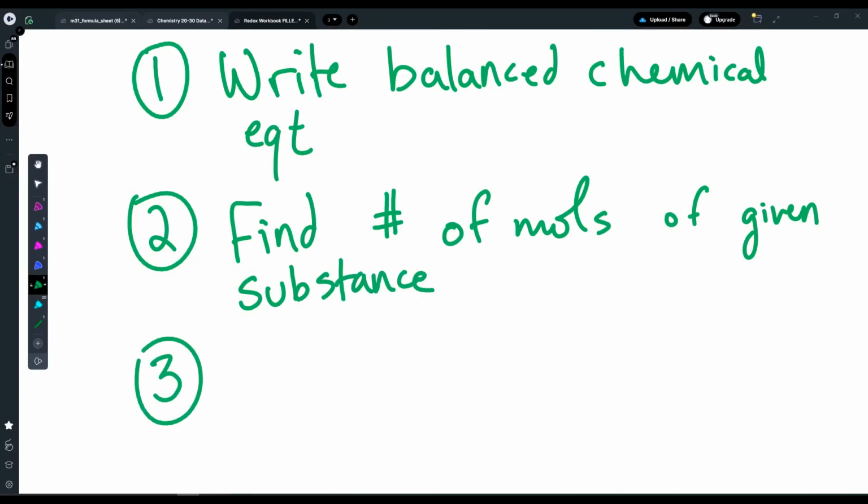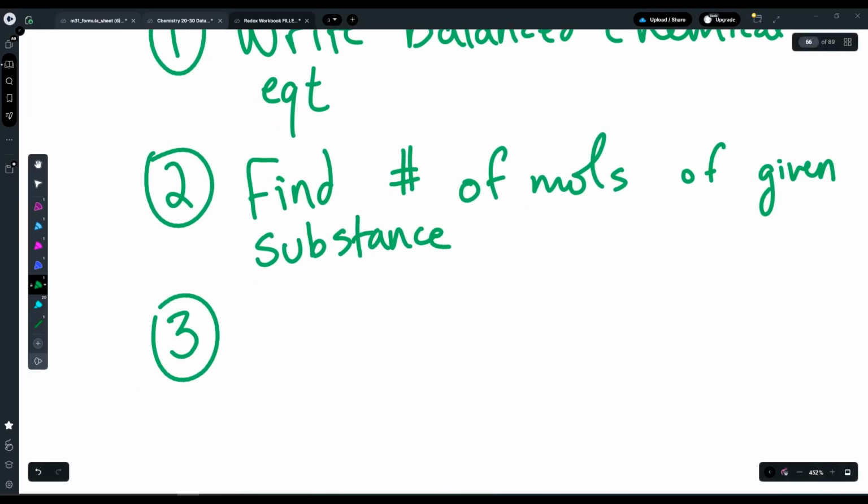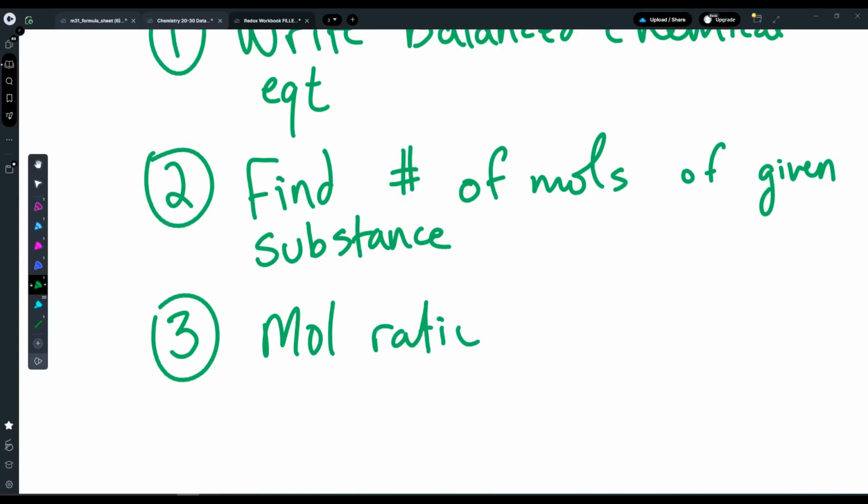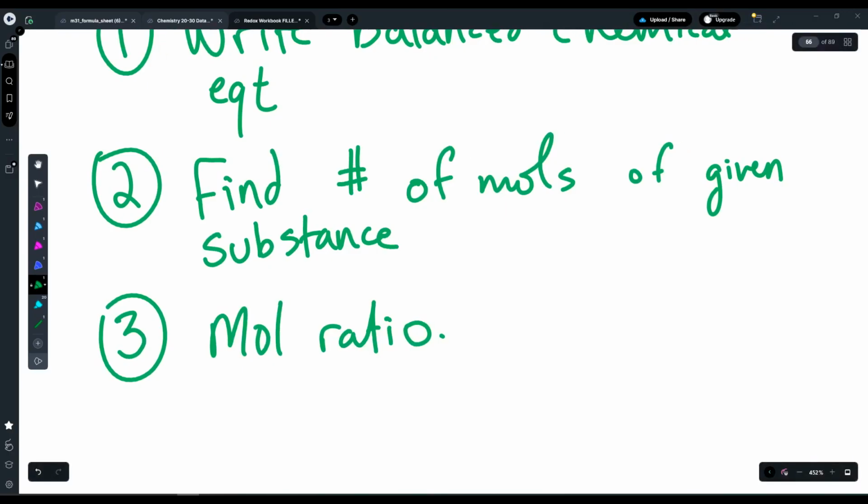Step 3, you're going to use your molar ratio to convert the moles of your given substance to the moles of your wanted substance. So mole ratio. And just know that electrons absolutely can be put in your mole ratio.